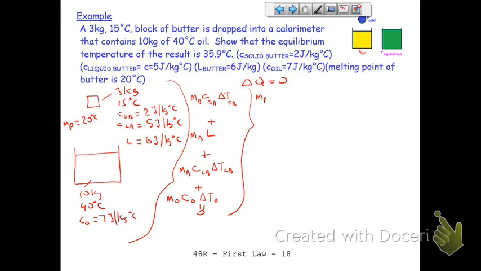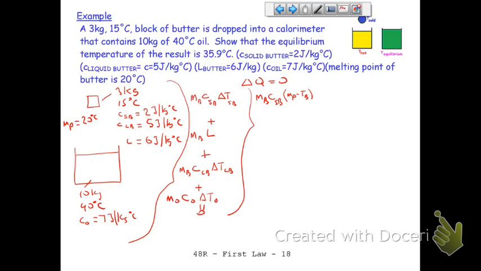The mass of the butter, specific heat for solid butter, times melting point minus T butter.